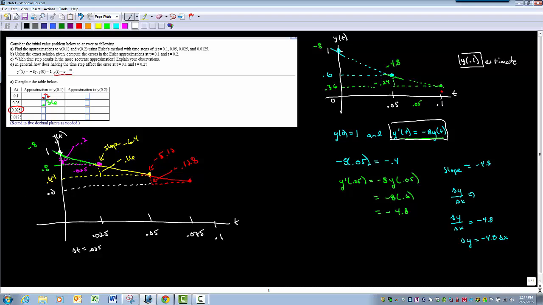of 0.512. Again, I took my height value, 0.64, and subtracted 0.128, and it ends up being 0.512. Then we've got one more. We'll take this slope and use it to get to right here.